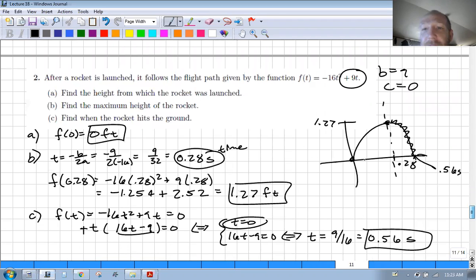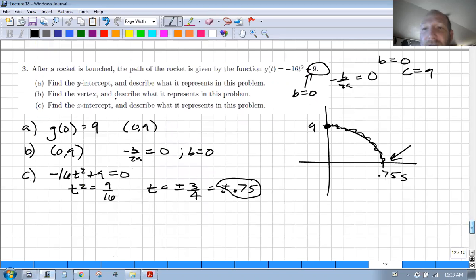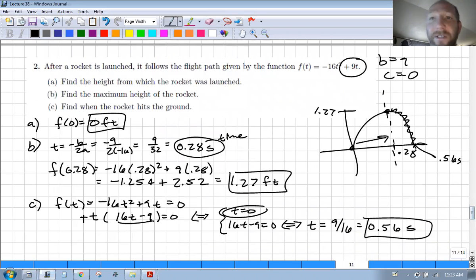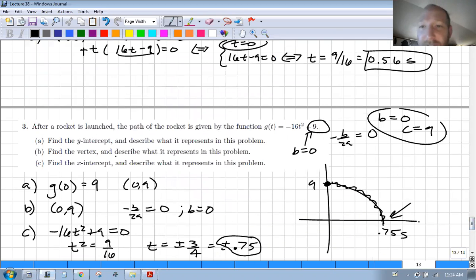All right. So this guy here starts at a height of 9 and then drops down. This one is at a height of 0, goes up and then goes back down. So totally different problems here because of this. They look so similar, right?